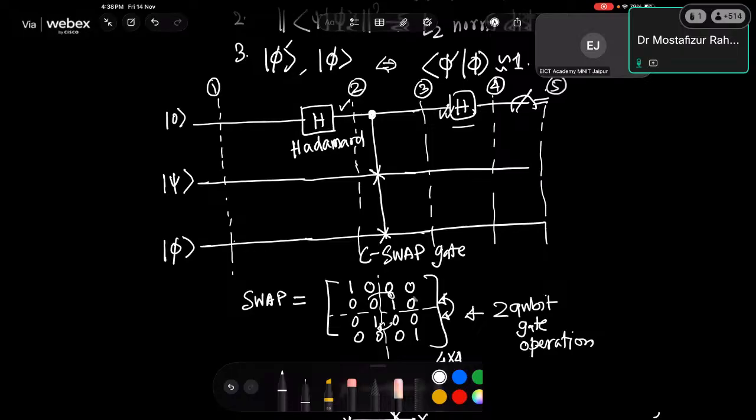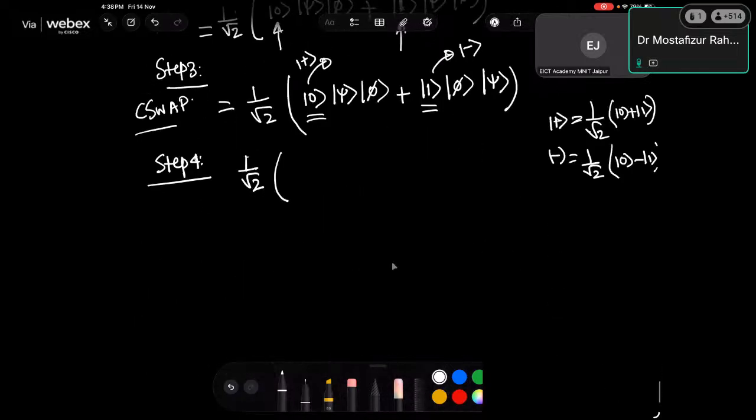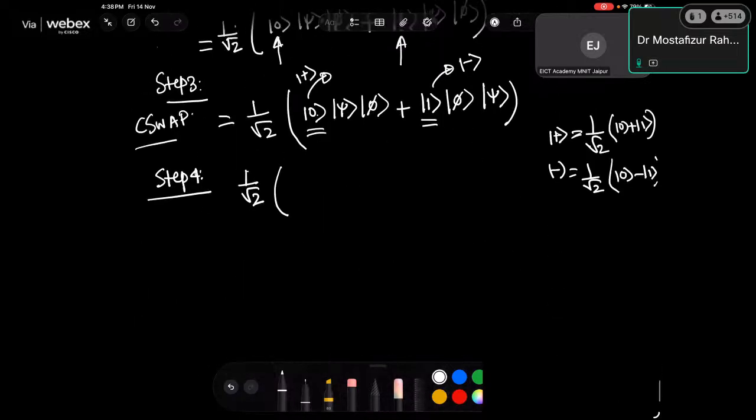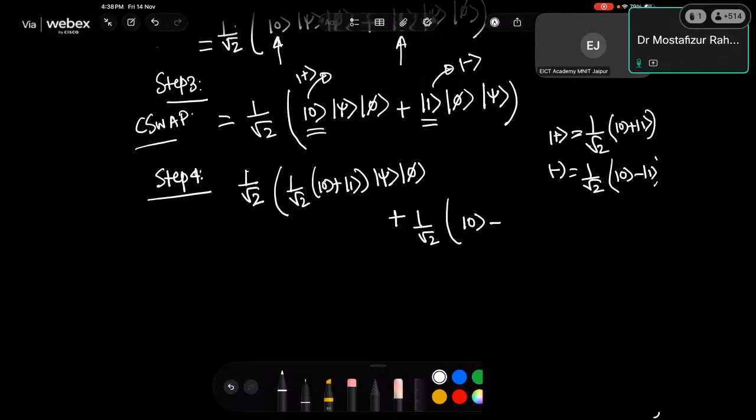So here I am calculating. What is happening? This 0 will become 1 by square root 2, 0 plus 1. This psi and phi will be intact, right? Plus 1 by square root 2, 0 minus 1.